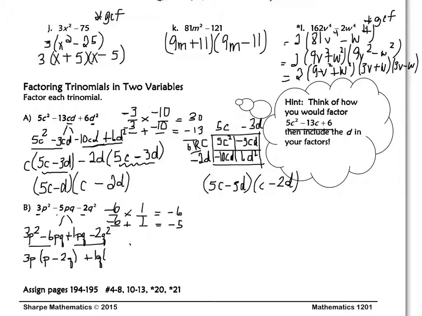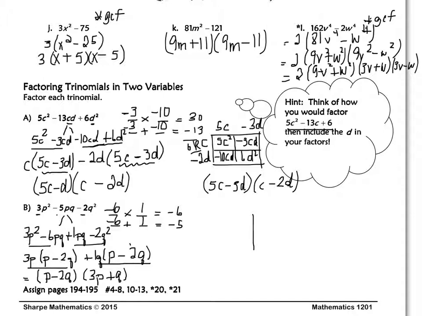And then there'll be a p minus 2q. So if you look at this group and this group, they both have a p minus 2q. So we take that binomial out as a GCF, and we're left with 3p plus q. So your factors would be p minus 2q and 3p plus q.